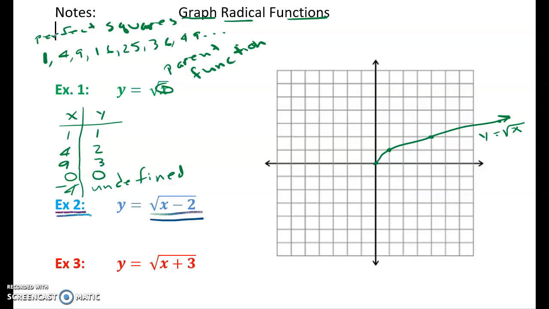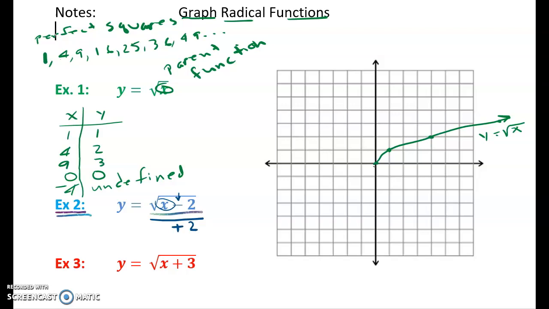What that does, it moves every x 2 units to the right. That sign we're going to take as the opposite sign, so we're going to take a plus 2. So it means every x is going to get moved to the right 2 units.